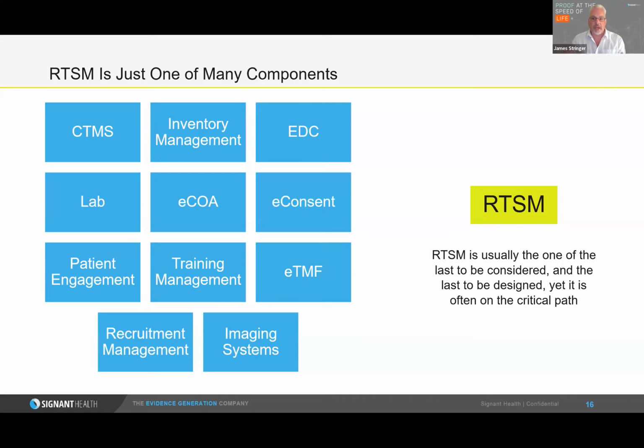So we should all be trying to do the best job that we can, taking into account the patient at the end. But then we've got to be genuinely collaborative to do that. And perhaps that means that RTSM could be involved earlier in the timeline of the study, and be part of that wider landscape.